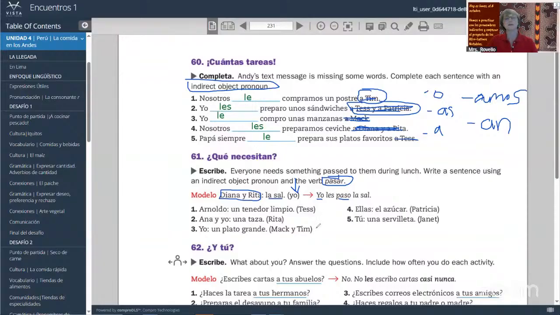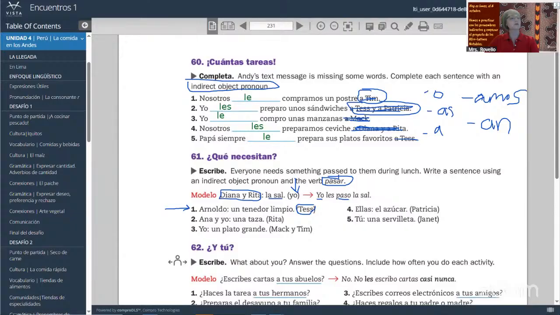All right. Well, I'll do the first one. Okay. I'll do the first one. So this one says Tess, you guys, is passing the clean fork to Arnoldo. All right. And I'll put this in the chat. So I want to say Tess and then pasa, okay, un tenedor limpio, and then to who?